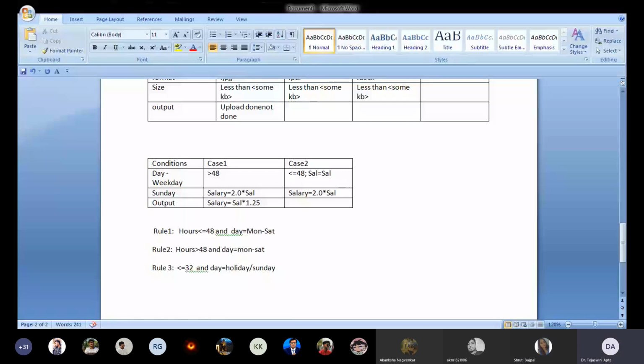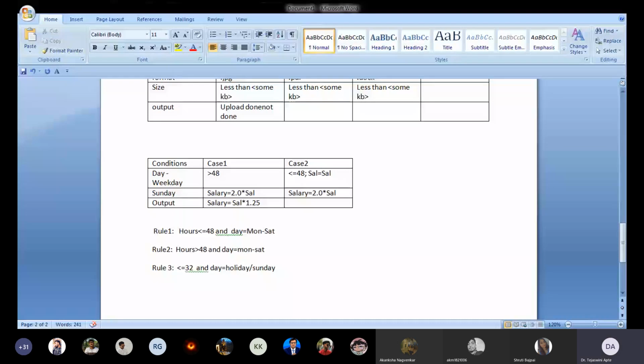Now rule 1 is saying, rule 2 F and rule 3 P for the working hours greater than 48. So if condition 1, the working hours are greater than 48, and for rule 3 my condition for holidays or Sundays is false. Have the combination of these two things, true and false.